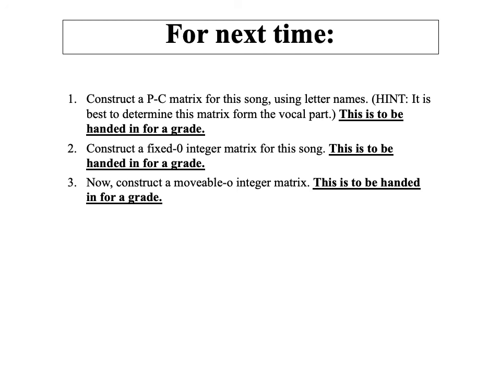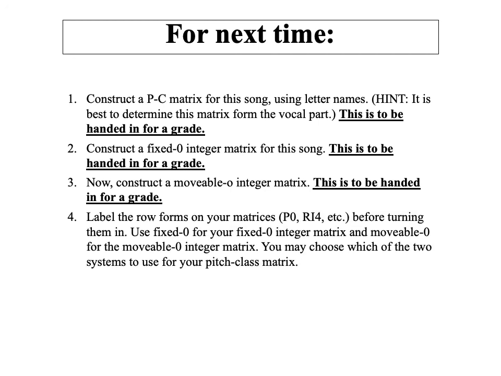Call it 0. So basically you're just going to do some fancy math to the fixed 0 integer matrix you just made. Hand that in to me as well so I can go crazy. These things are going to be tedious to grade, but grade them I shall. So understand there's somebody sharing your pain.